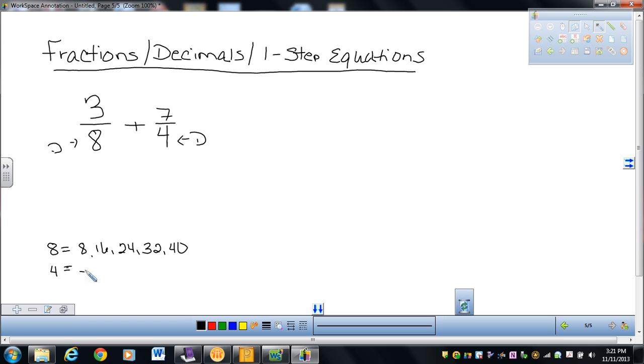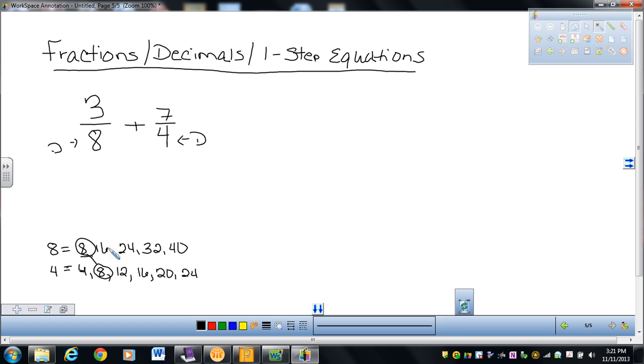And for 4, we have 4, 8, 12, 16, 20, 24. Okay. And our least common multiples that match are going to be the 8 and the 8.